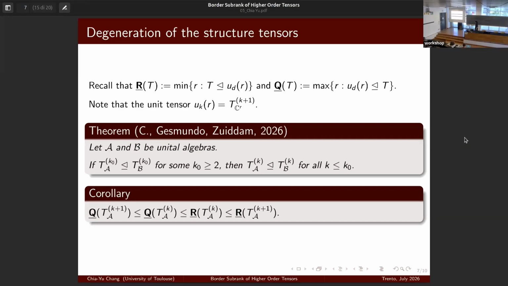And also for border rank, we also have these inequalities. This inequality is by taking B to be C to the r prime, and then we can apply this theorem and get this.